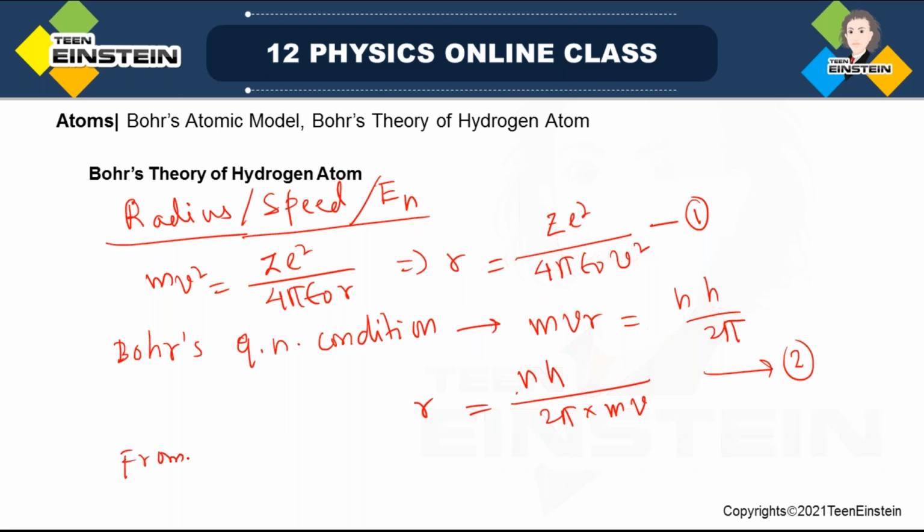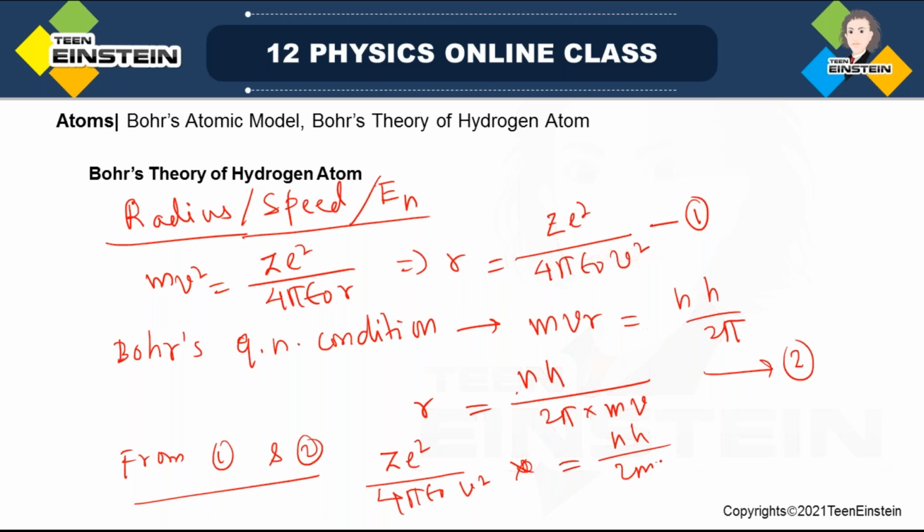So from equation 1 and 2, what we can write is z square by 4 pi epsilon naught v square is equal to nh by 2 pi m v.